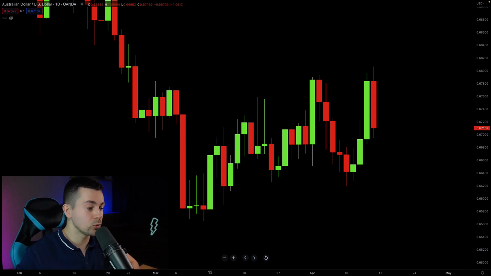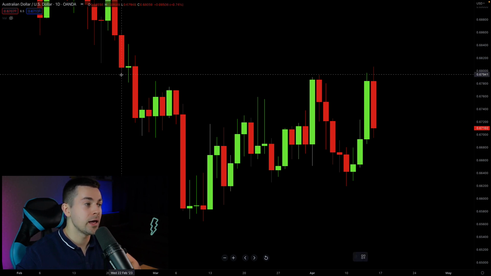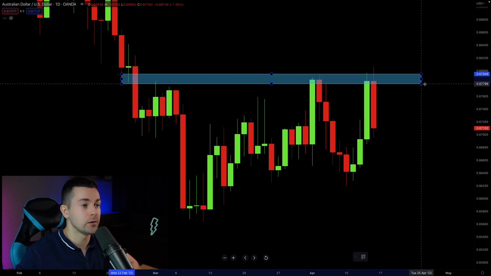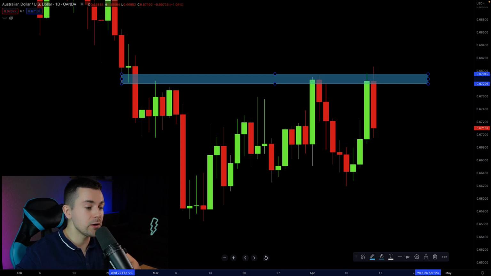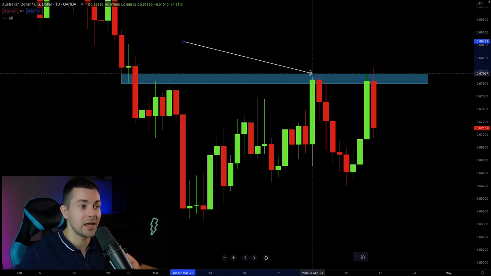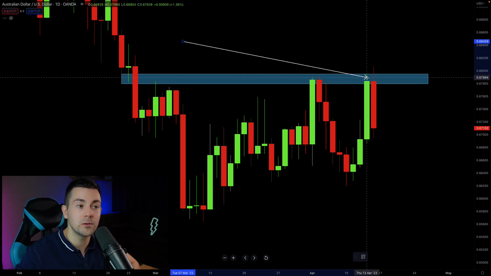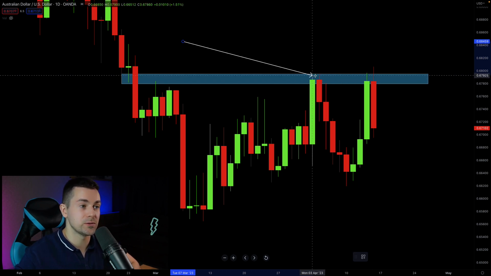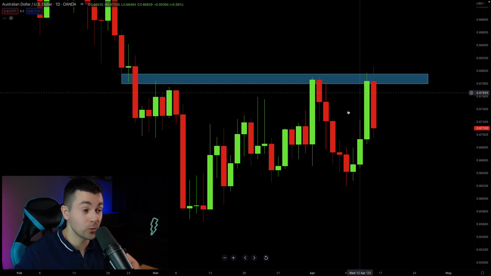For example, here on Aussie dollar, we have a very nice horizontal key level over here. And you can see that that key level was very important for the market participants in the past. And then you can see that two times more in a row, that structure was respected. And from that structure, the market dropped.